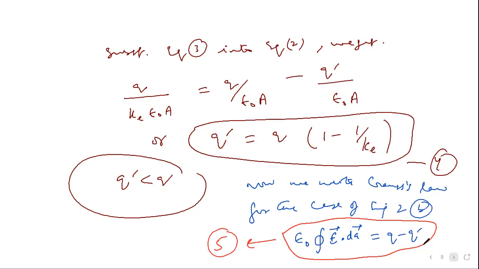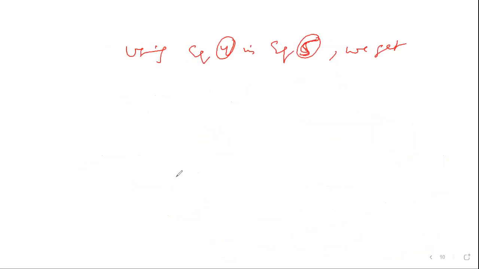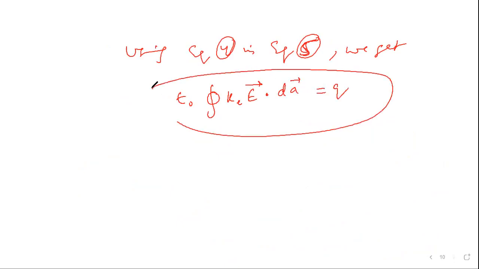And after some rearrangement, what we get is epsilon naught closed integral Ke E dot dA is equal to Q. This is my equation 6.